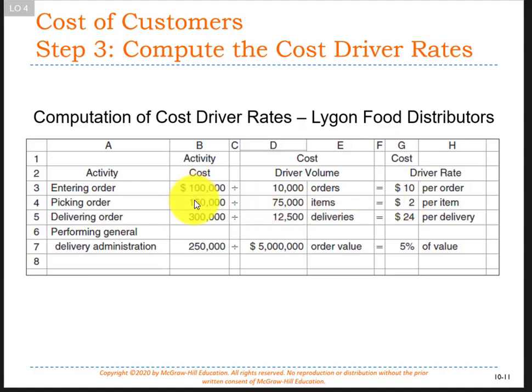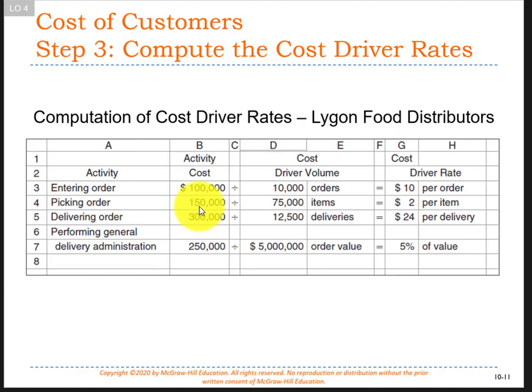Now, then the people who go out and pick the order, pull it off the shelves and put it in some way to send it out. And this doesn't have to be people. If it's at Amazon it can be robots, but you have the same idea.